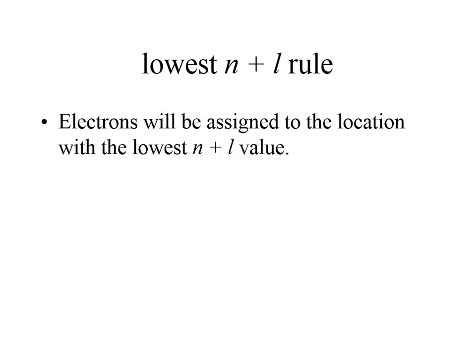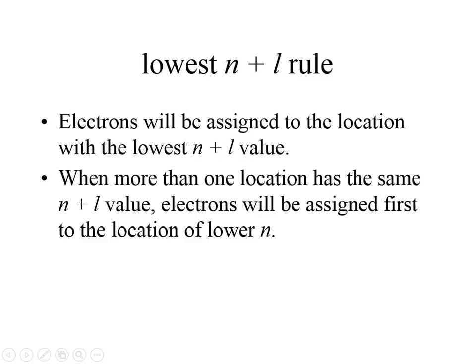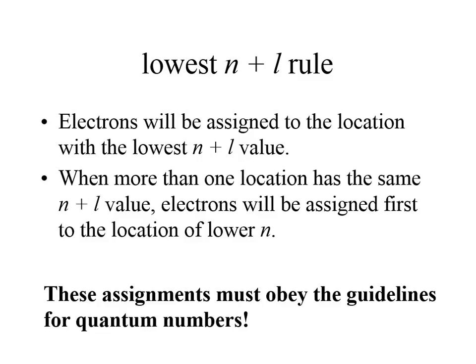We have N plus L values 1, 2, 3, and right here we have this 2p and the 3s, where both N plus L values are the same. It'll go to the lowest N first. That's the lowest energy. So these, as I have them written, all work.